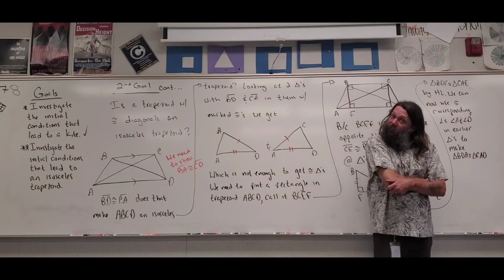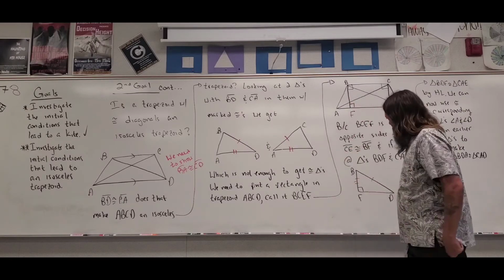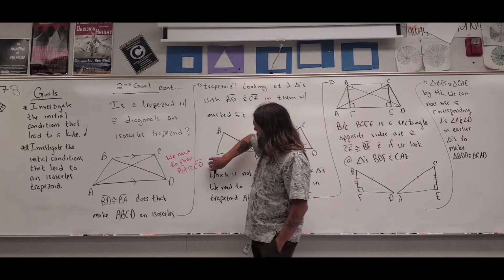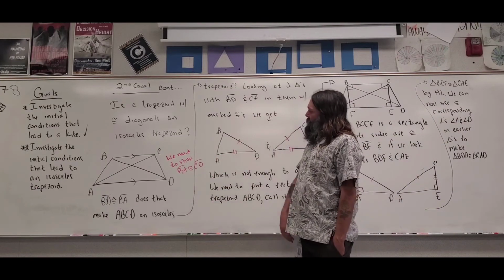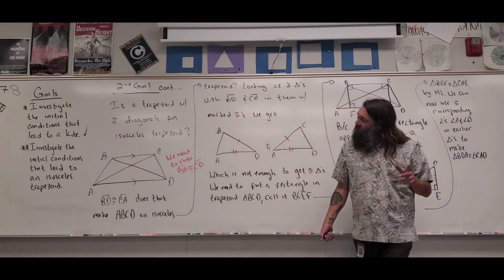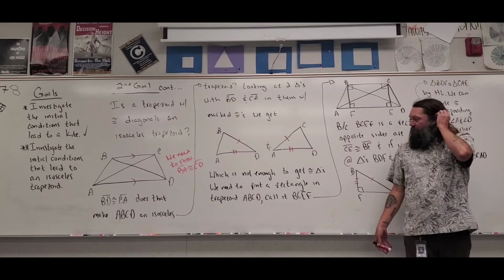So right now it appears that congruent diagonals is not enough to get congruent triangles, which would allow us to get to congruent legs, which would allow us to have an isosceles trapezoid. Now, this is a very creative workaround. It's really neat what someone figured out at some point.